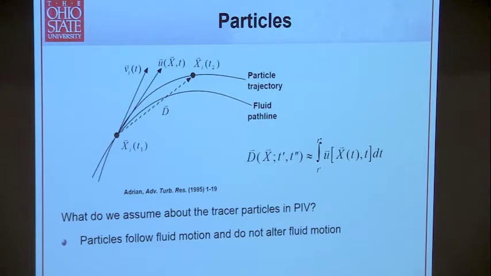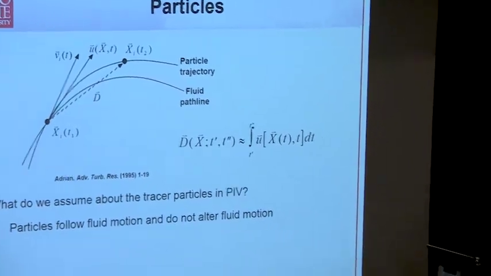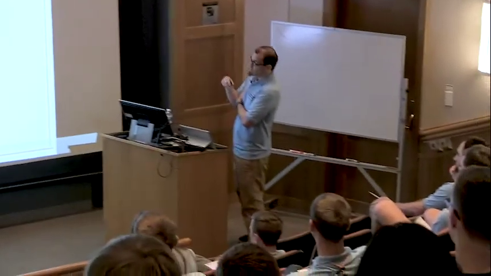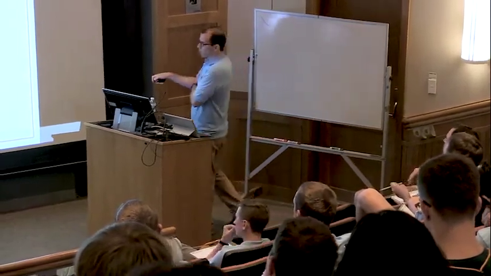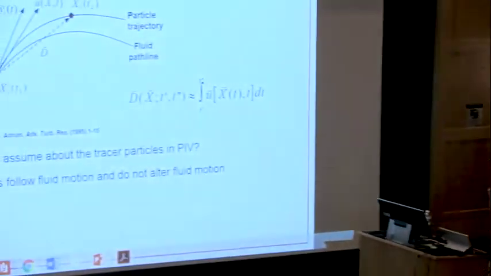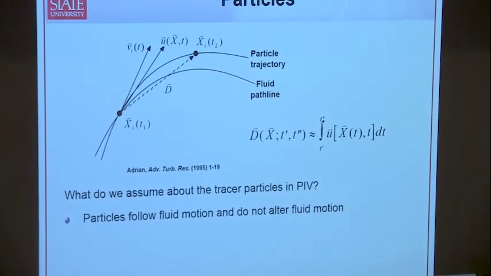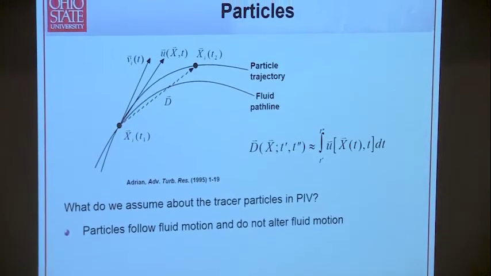You can think about in sprays and particle-laden flows, you end up with something called two-way coupling, where the particles actually influence the turbulence. Okay? They can modulate the turbulence, they can enhance it or they can attenuate it depending on their size. What we generally assume in PIV is, though, that the particles that we put in passively follow the fluid motion. Okay?